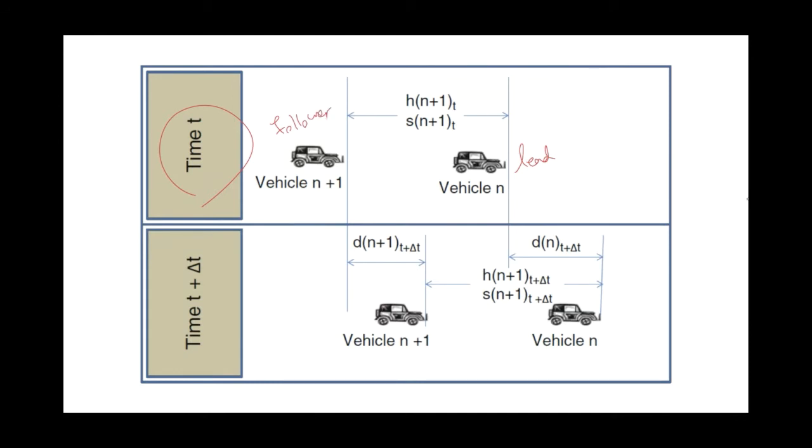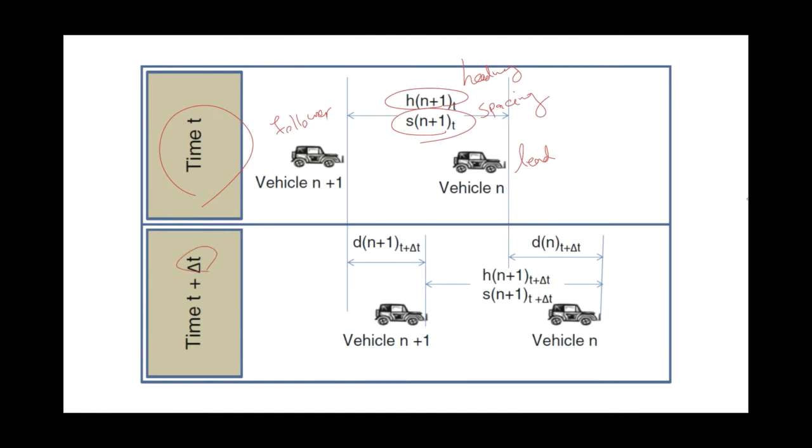For example, let's call the lead vehicle n and the follower vehicle n plus 1. The time between the two vehicles is called headway, and the distance between the two vehicles is called the spacing. So this is headway, and this one is called spacing.